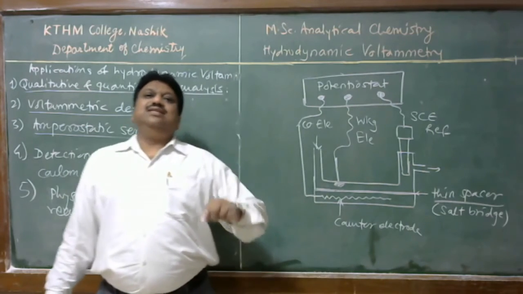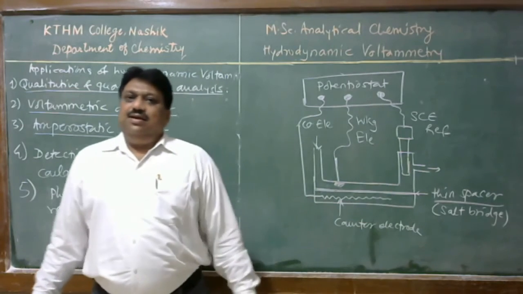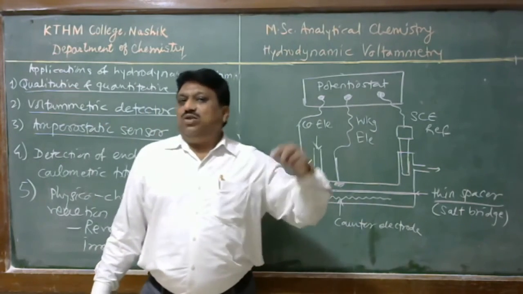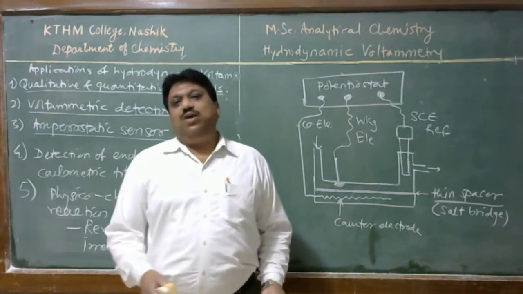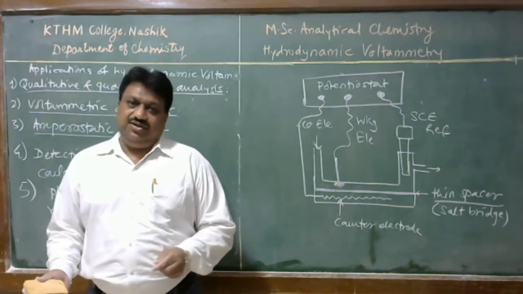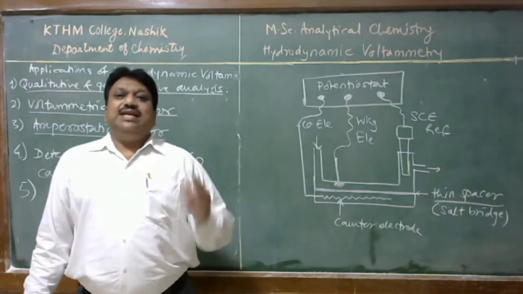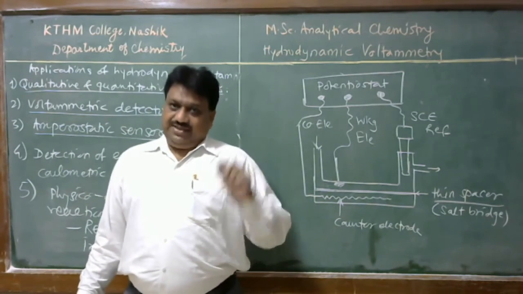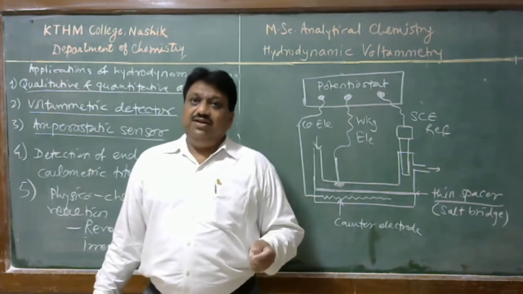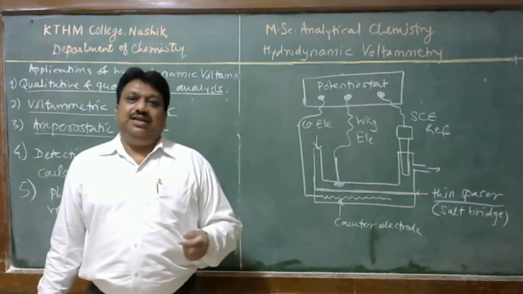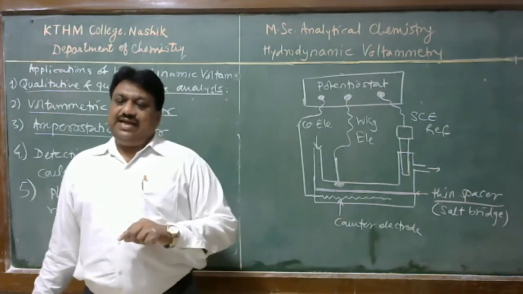And if we carry out this reaction in a hydrodynamic cell or an electrolysis cell, and initially we carry out the oxidation of that particular reaction, and in the second stage we carry out the reduction of that particular reaction, if we observe the same oxidation current and the same reduction current, then we can say that the reaction is reversible. Therefore, the course of a reversible reaction can be studied by hydrodynamic voltammetry, either by oxidizing that analyte or by reducing that analyte.